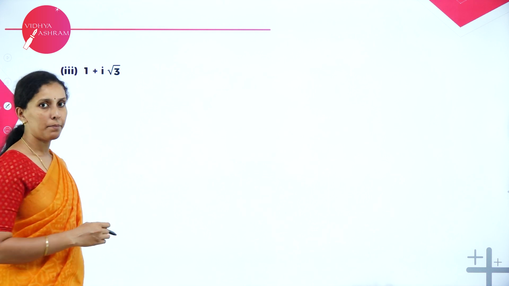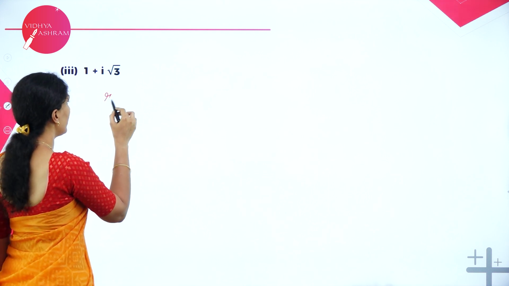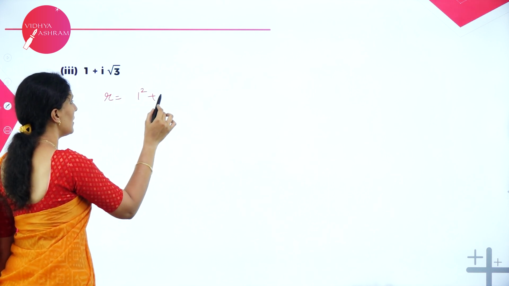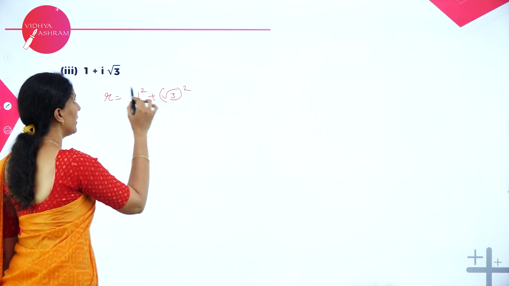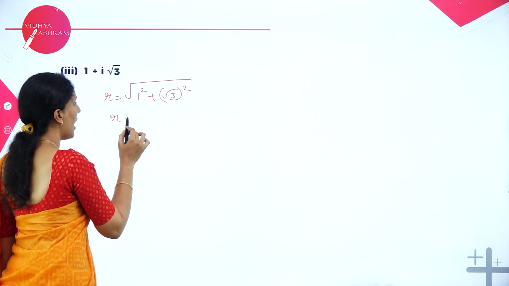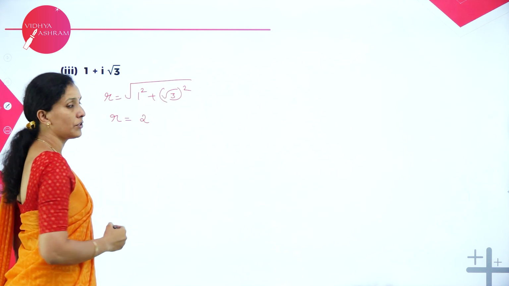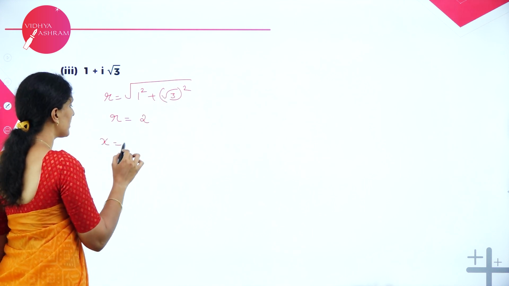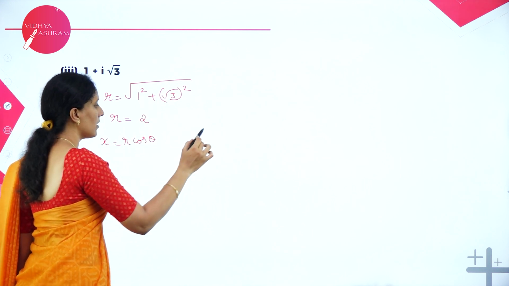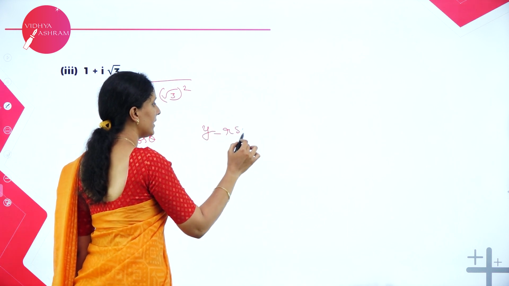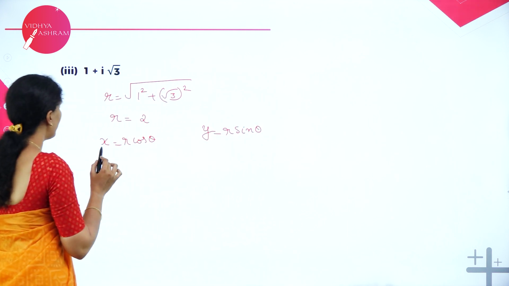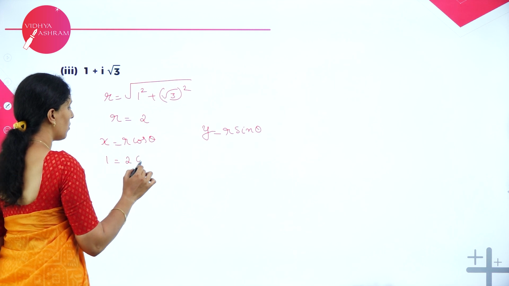So next we have 1 plus i root 3. So r can be taken as the square root of x squared plus y squared. Therefore r is equal to 2 again, because it is root 4. Next we have x is equal to r cos theta, y is equal to r sin theta. So clearly 1 is equal to 2 cos theta.